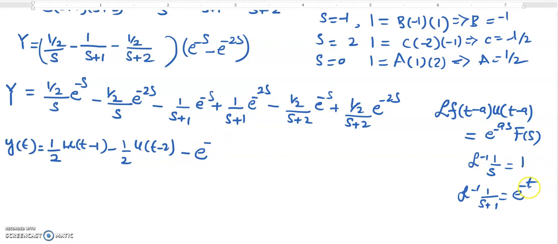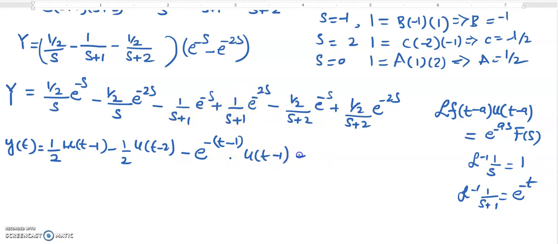But according to this formula it should be t minus a, where a is 1, so t will be replaced by t minus 1, times u of t minus 1.